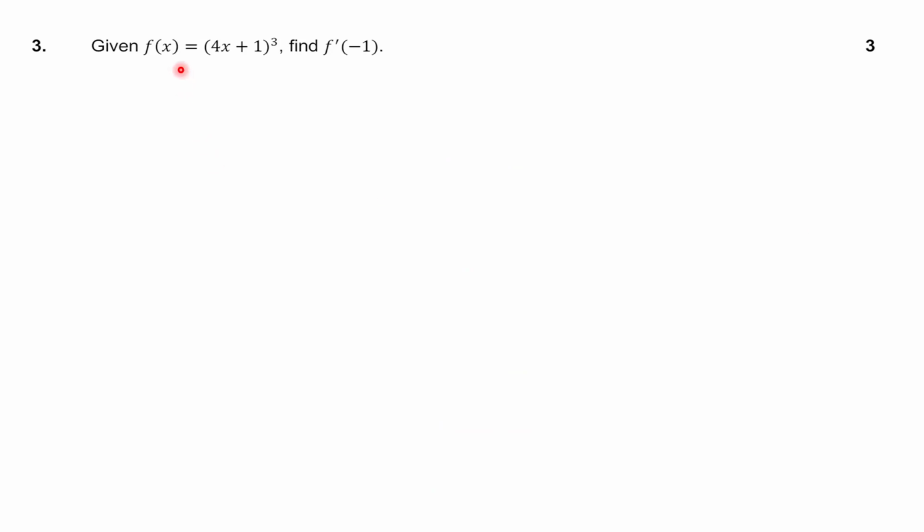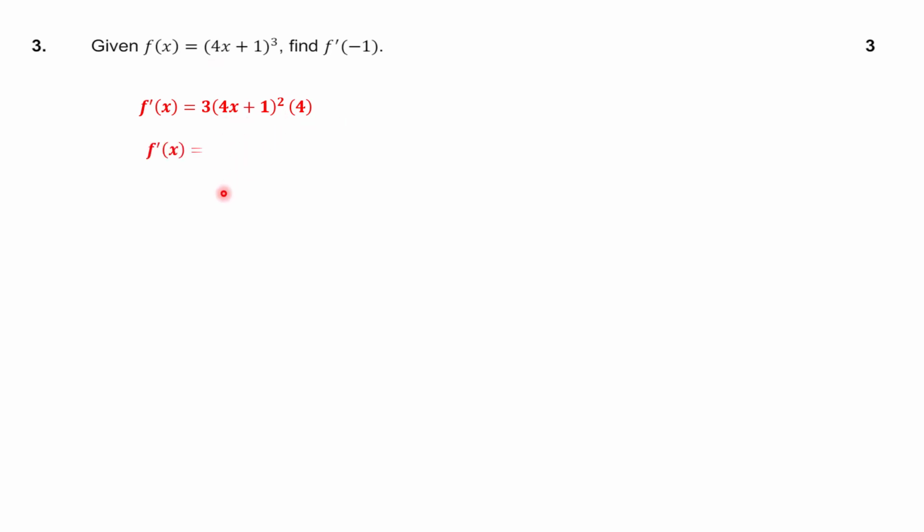We're given this function and want to find the derivative when x is minus 1. So we just differentiate f, which means you bring 3 to the front, the bracket stays the same, and you reduce the power by 1, and then you multiply by the derivative of the bracket, which is just 4, because the derivative of 4x is 4.